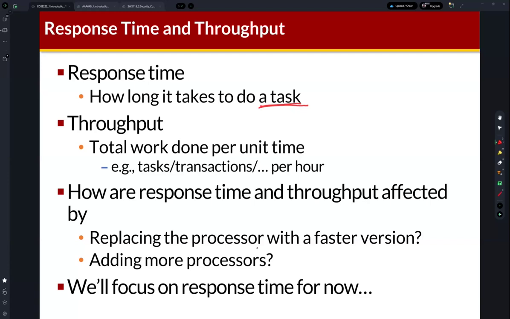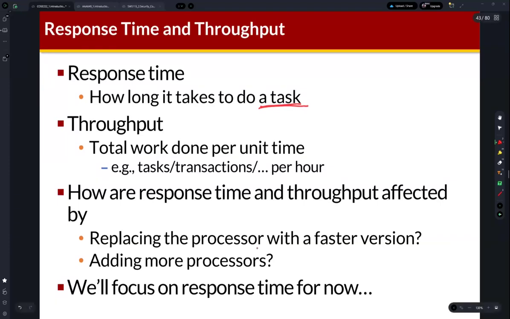By measuring this response time, we can compare the performance. For example, in the 100-meter race, we can compare the performance of person A and person B. This is the definition of response time.